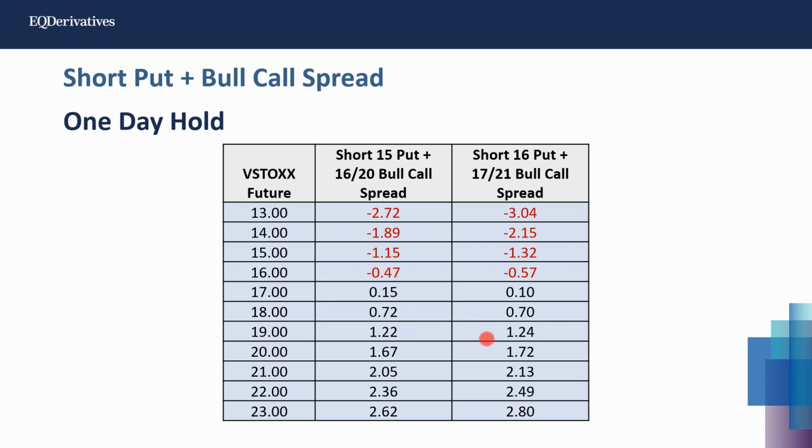About here, the 16-17-21 spread starts to take over as far as profitability goes. So whatever kind of forecast you have, whether it's certain we're going to get the move or not particularly certain, taking the various risks and rewards into account makes a lot of sense with this.